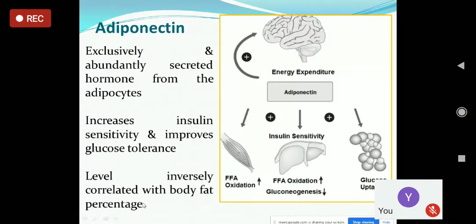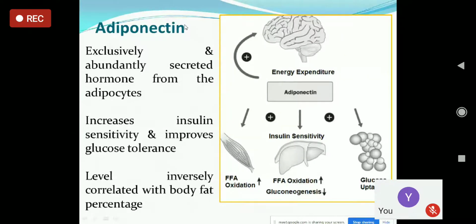The level of adiponectin inversely correlates with body fat percentage. So when there is a lot of adipose tissue, adiponectin, the good hormone, is produced in little amount. Inverse correlation is there. But if there is little adipose tissue, more adiponectin is produced. So in case of obesity, when there is a lot of fat store, a lot of adipocytes, the level of adiponectin is low.